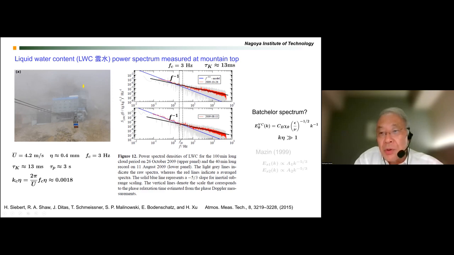Also, some people predict the existence of two kinds of k to the minus 5 range of supersaturation or LWC spectra. So there are many efforts, but so far, to my understanding, a clear explanation of this kind of spectra in cloud is not given.